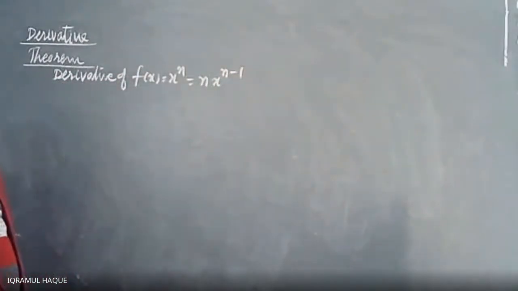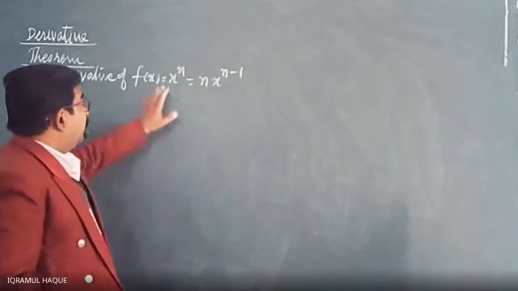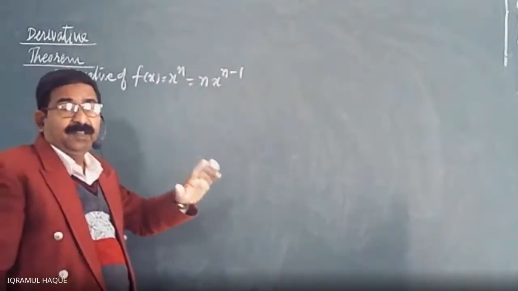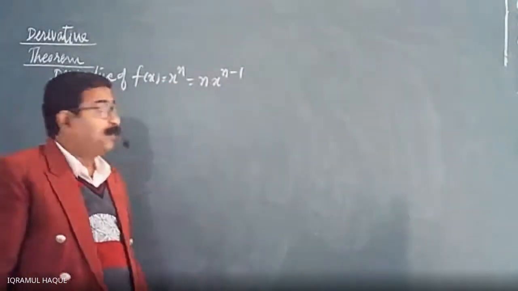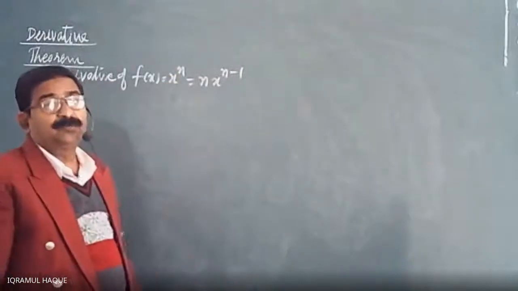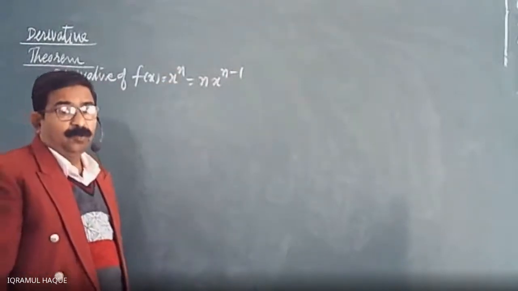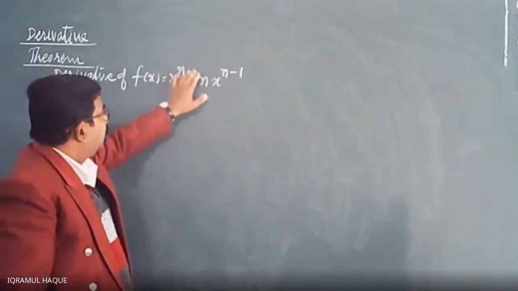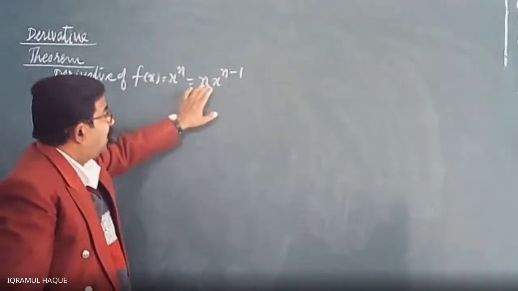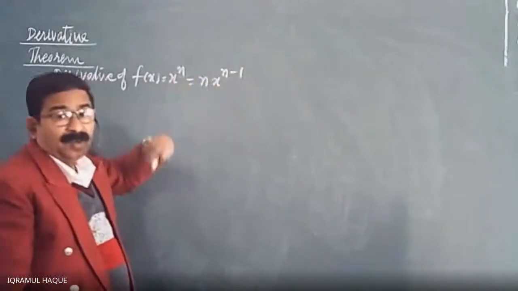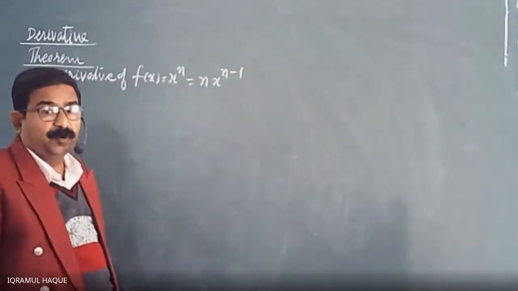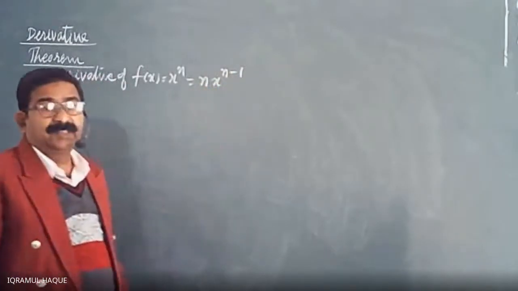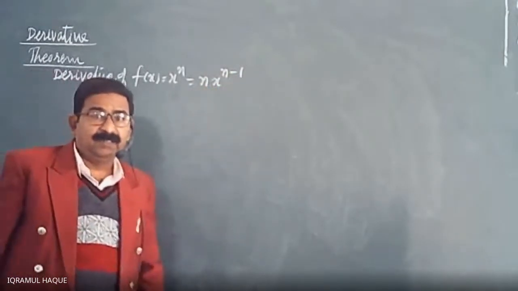Just try to understand. If any function is given in its exponent form, x to the power n, then this exponent comes first, and 1 is reduced from the exponent, meaning x to the power n minus 1. This is the theorem.